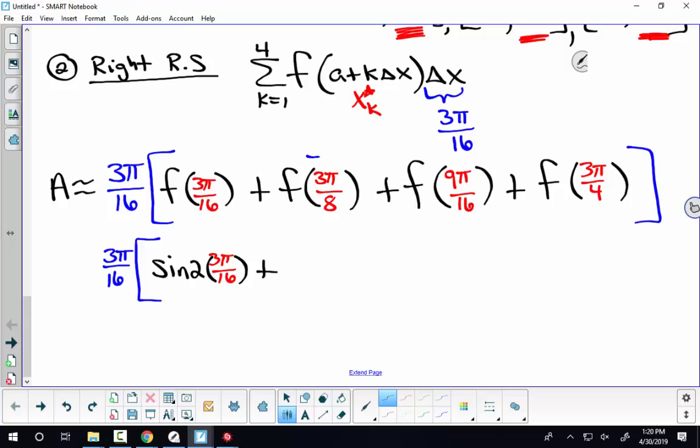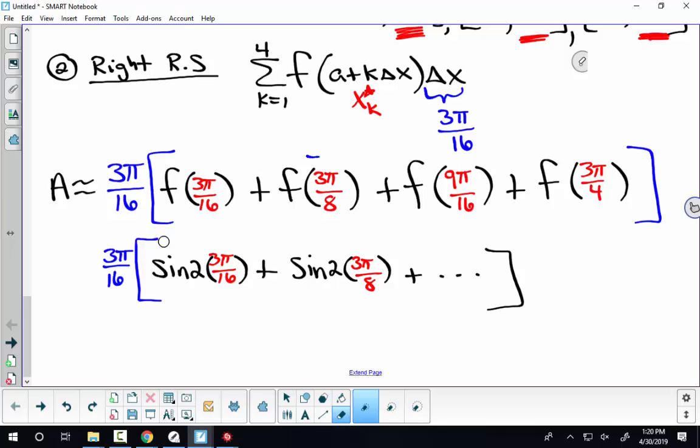Plus f of 3 pi over 8 is the sine of 2 times that quantity, etc. That's what we're actually going to put into our calculator to determine the area, and that's going to give us an approximation to the area.